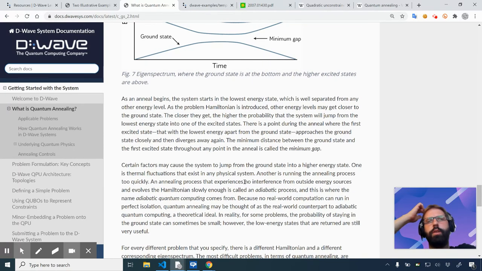Certain factors. So I'm trying to understand why the cuboform is the one that's suited for the annealer. As the anneal begins, the system starts at the lowest energy state, which is well separated from any other energy levels. Other energy levels may get closer to the ground state.